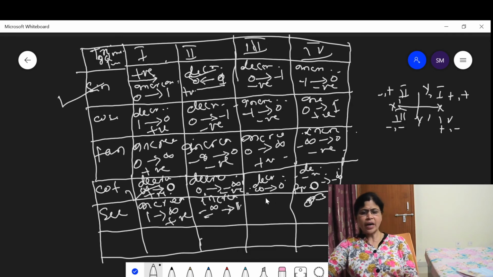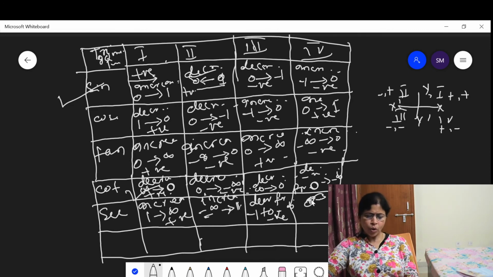In the third quadrant, it is in decreasing form from minus 1 to minus infinity, which means negative value.